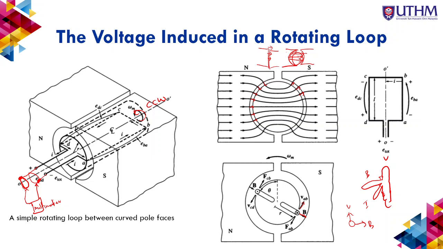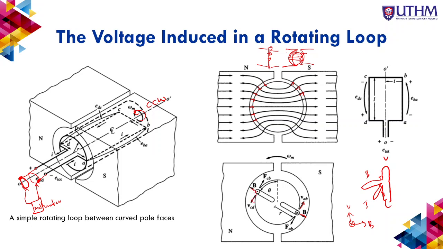V is upward, so our thumb is upward, and B goes to the left, and the current will be inward, inside the page.